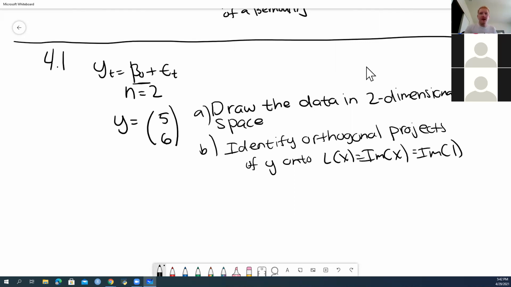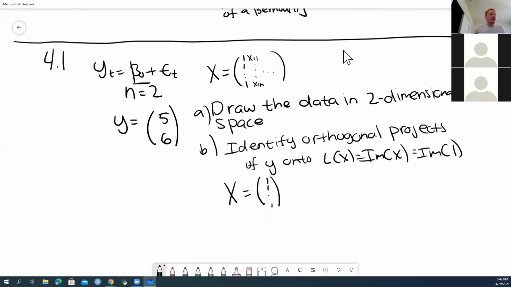When you only have a beta naught variable, your data matrix x is usually 1s and then the rest of your vectors, like x1,1 through x1,n, and so on. So when you don't have any other data, your whole data matrix is just going to be the 1 vector.